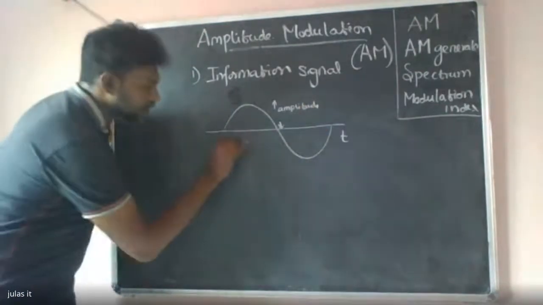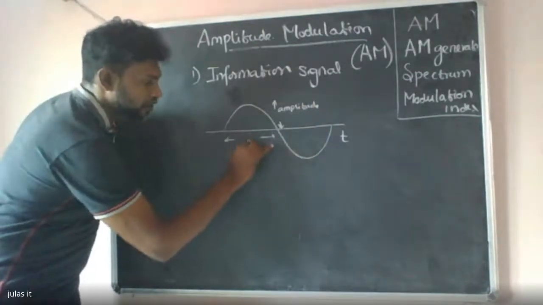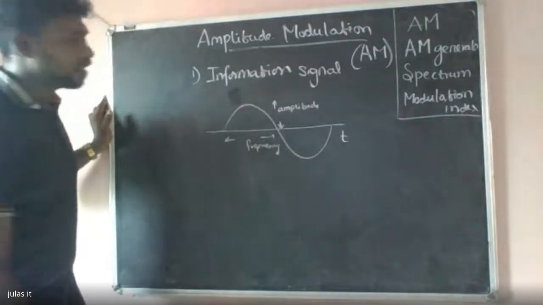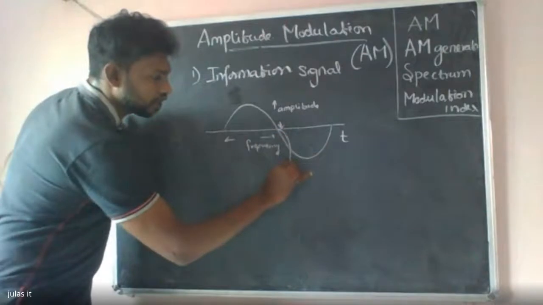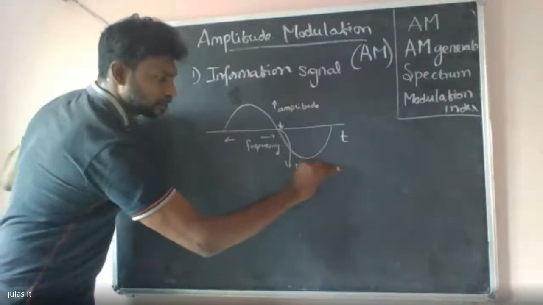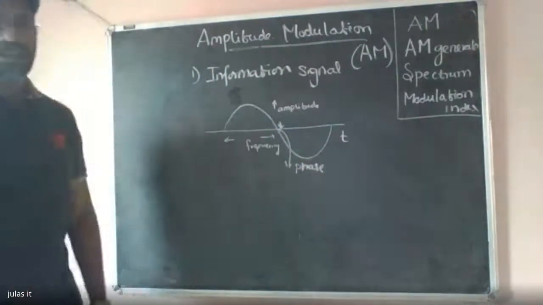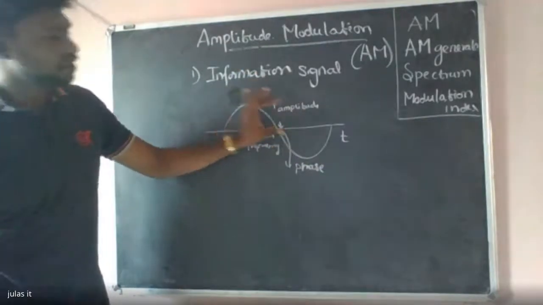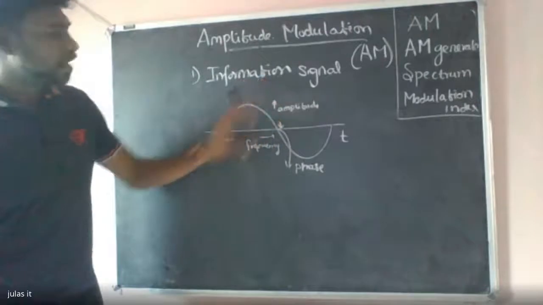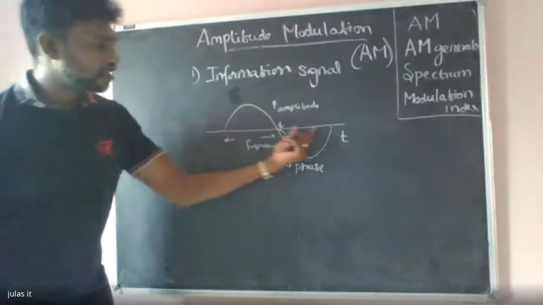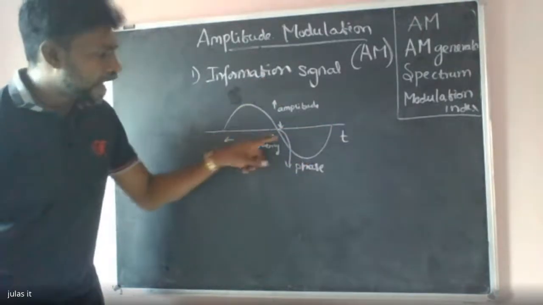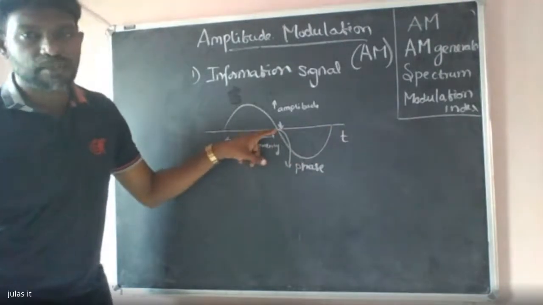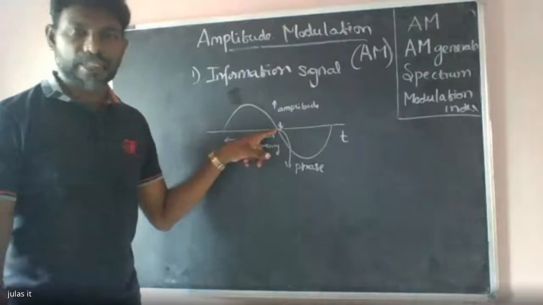Above the axis what we get is the amplitude, and in the x-axis we call this the frequency, and in between each and every signal end we call this an angle, which is nothing but the phase angle theta.